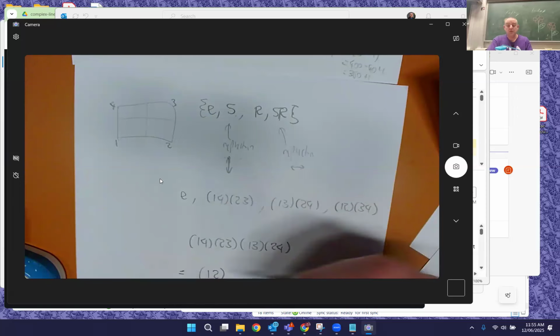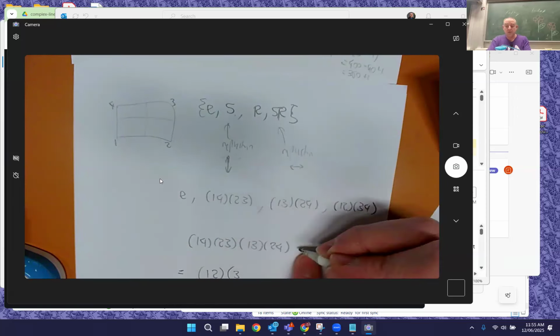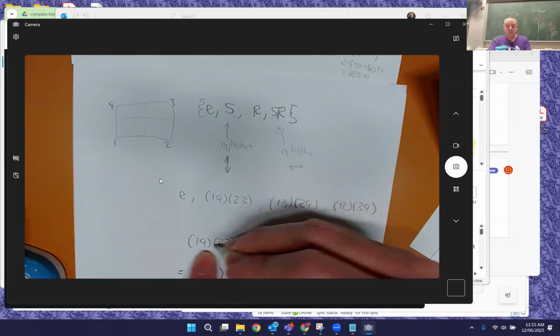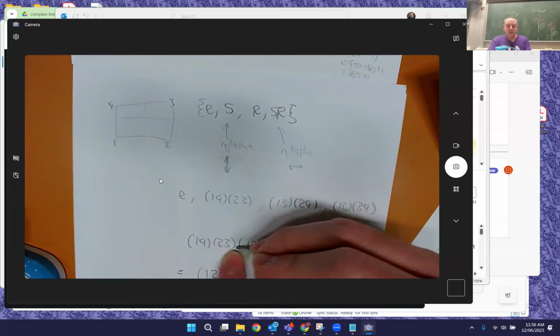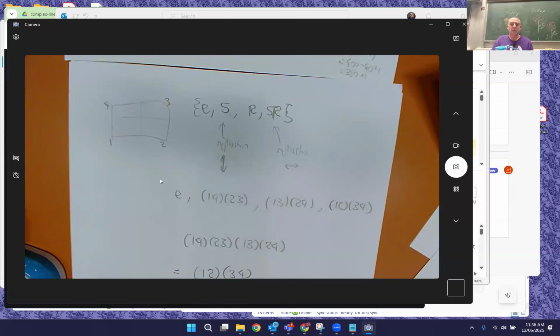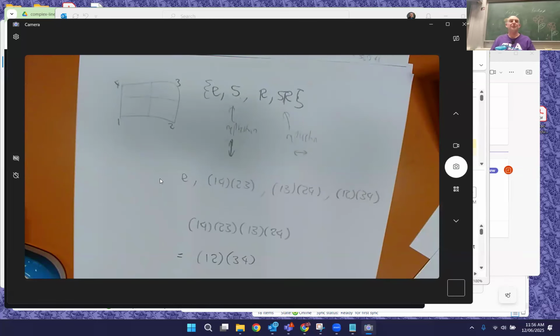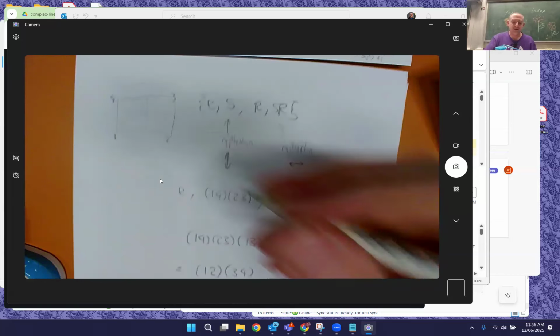Okay, that's cool. And then 3 becomes 1, and then it becomes 4, and then 4 becomes 2, and then it becomes 3. Cool. Okay. Just checking. Everyone okay with permutation multiplication? I just wanted to check.